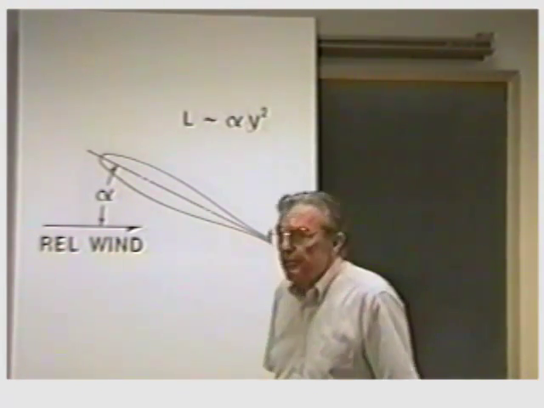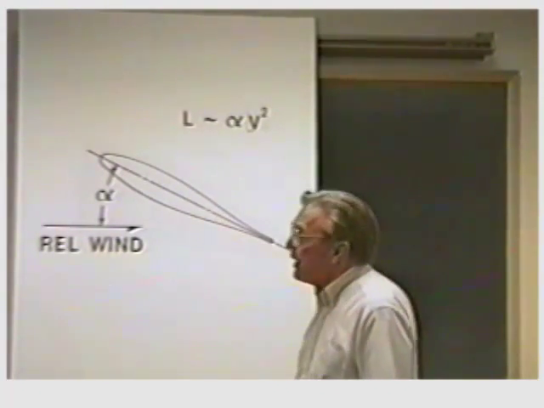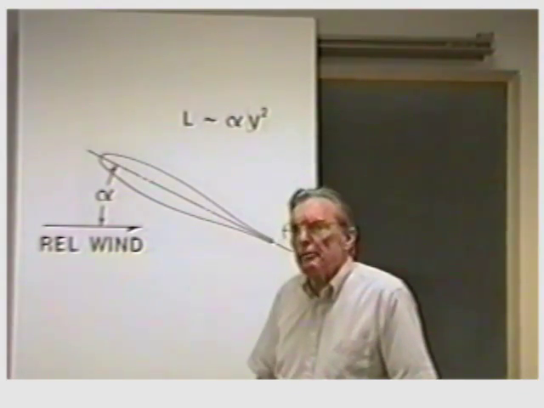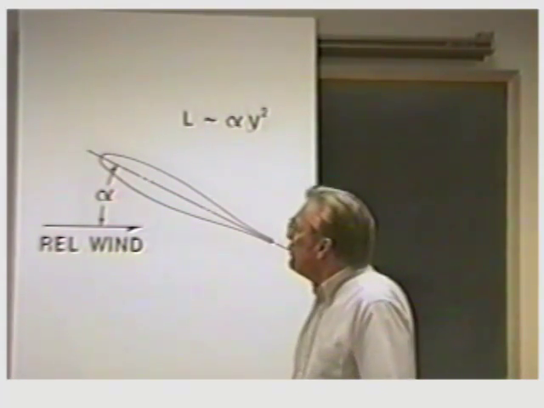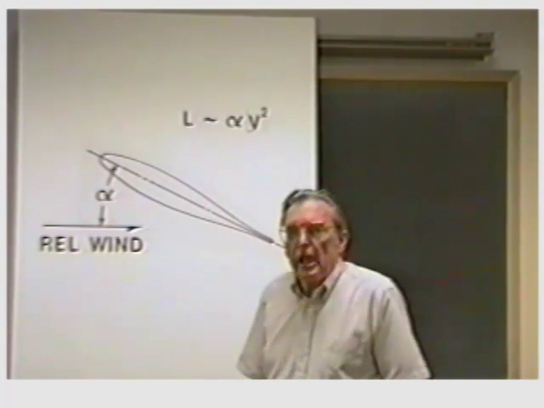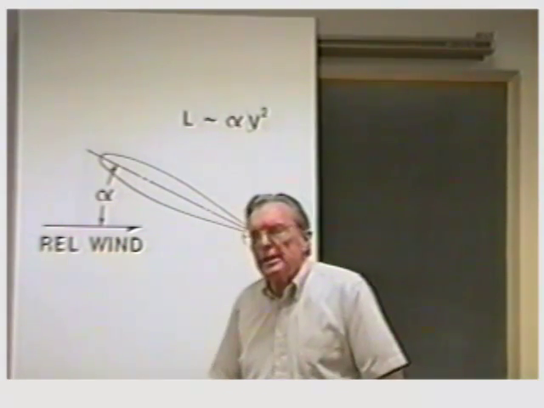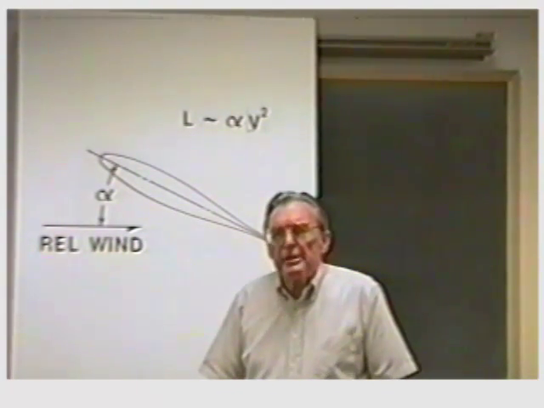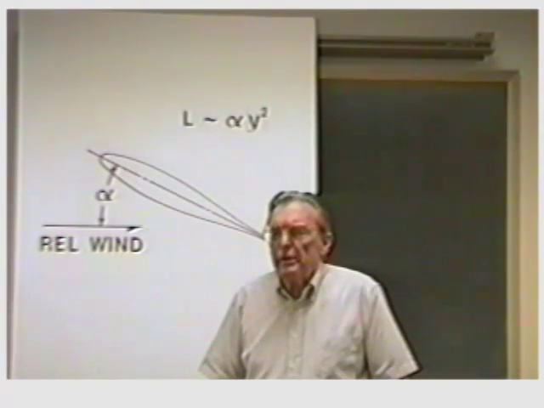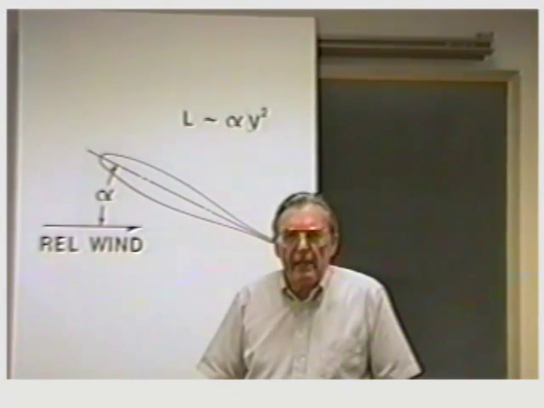When that occurs, instead of the air continuing to flow smoothly over the upper surface of the airfoil, the air will suddenly separate from that upper surface, become completely confused and turbulent, and even flow backward close to the top of the airfoil. When the airfoil stalls, two things happen. One, there is a loss of lift. And two, equally important, there will be a very large order of magnitude increase in drag.